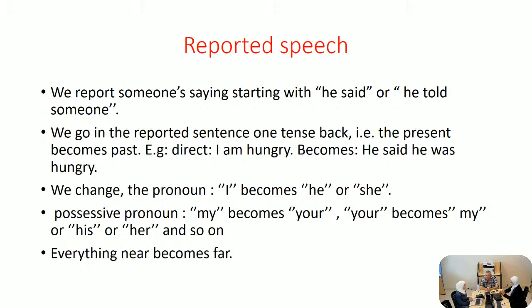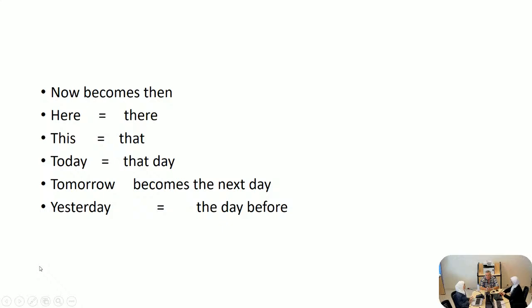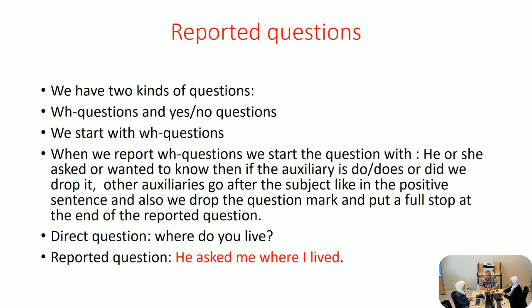I becomes he or she, and the possessive pronouns, my becomes his or her, and so on. Everything, of course, near becomes far. Like now becomes then, here becomes there, this becomes that, today becomes that day, tomorrow becomes the next day, and yesterday becomes the day before. So everything near should be far.